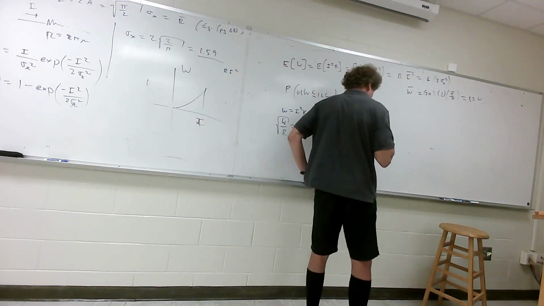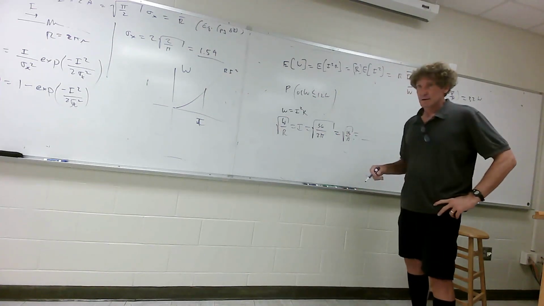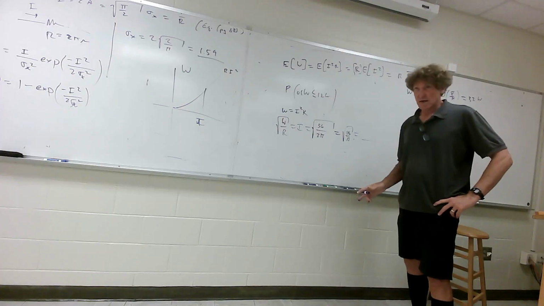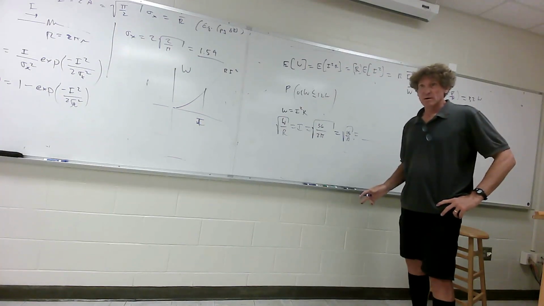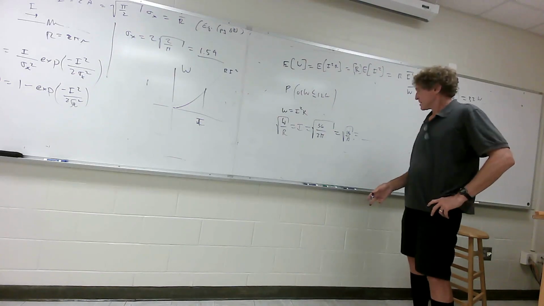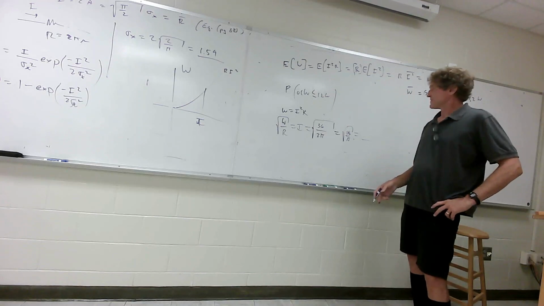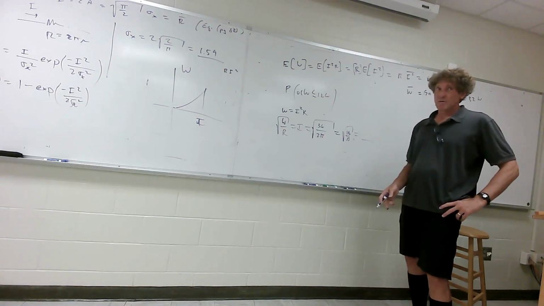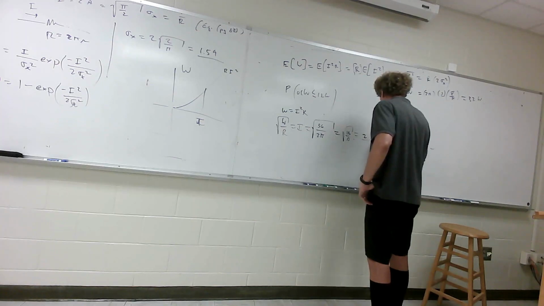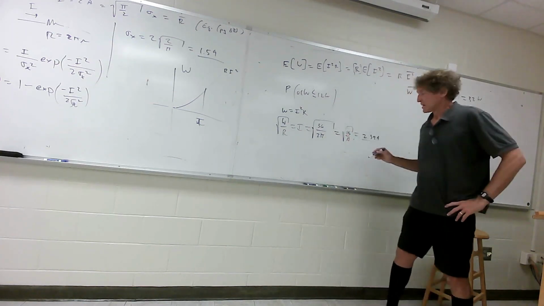What is that? I'm trying to find that threshold point, because then I need to figure out what the area is below. What is it? 18 over pi, square root of the whole. 2.394? Anybody else confirm that? Yeah. Okay.